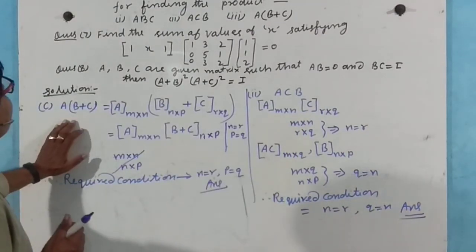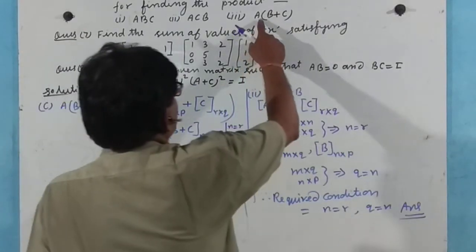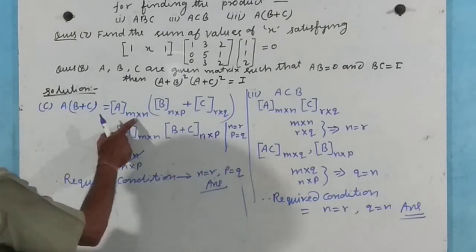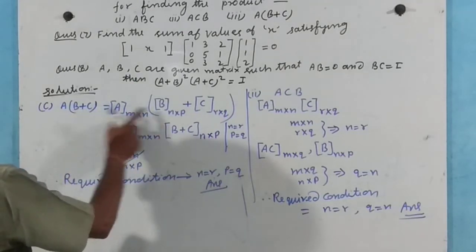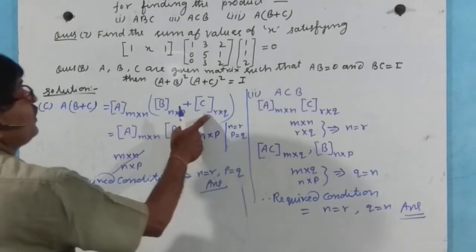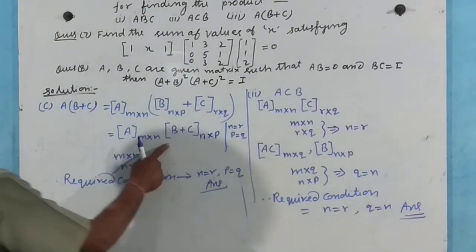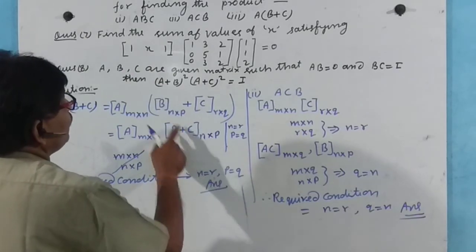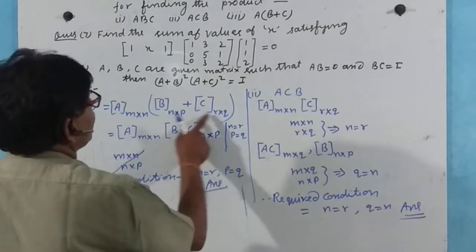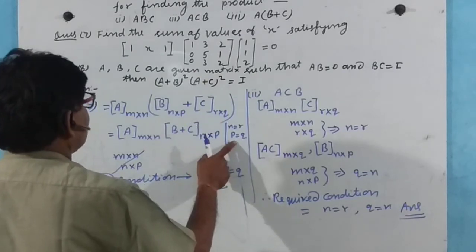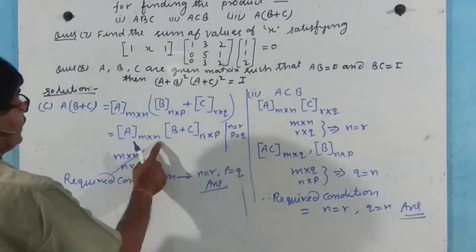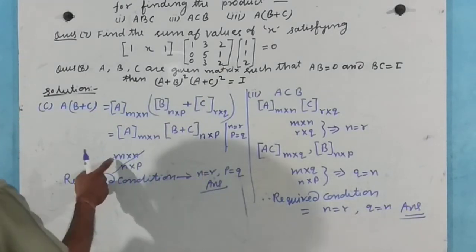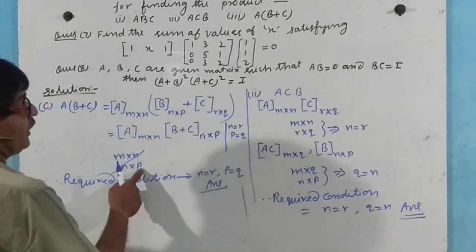Now for the C part here, A, B plus C: matrix A is M cross N, matrix B is N cross P, and C is equal to R cross Q. So B plus C means N plus P, we get N plus P if N is equal to R and P is equal to Q. Here M cross N and N cross P, N same, we get the matrix M cross P applicable.